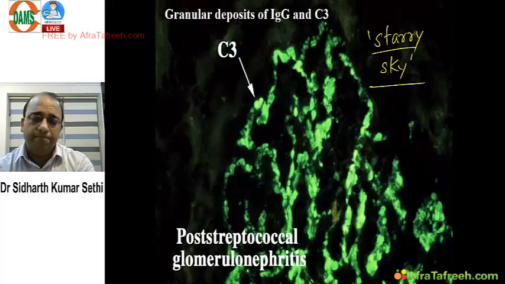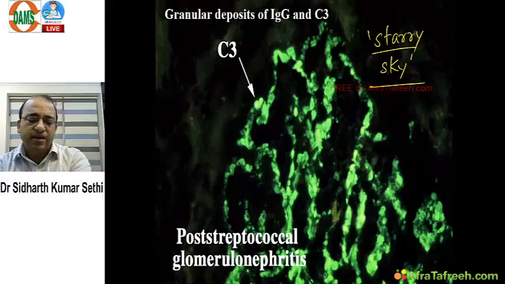Can anyone in the class tell me in which condition do you see linear deposits in the glomeruli? Goodpasture syndrome. So remember, in Goodpasture syndrome, you see linear deposits in the glomeruli.